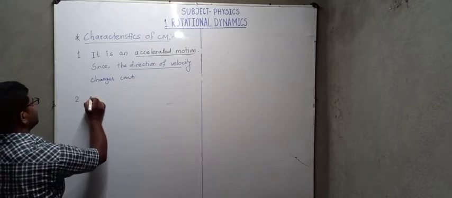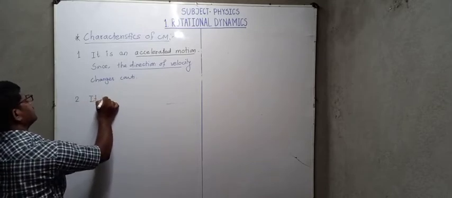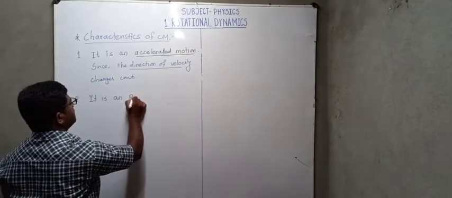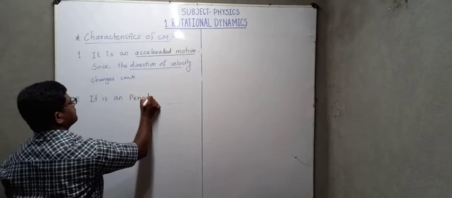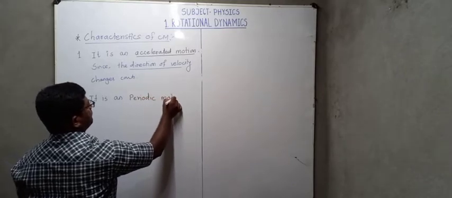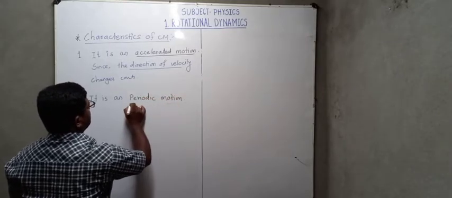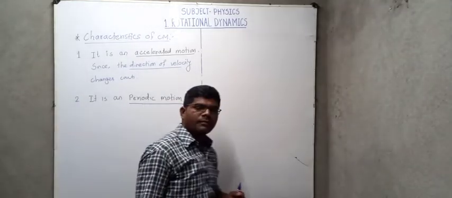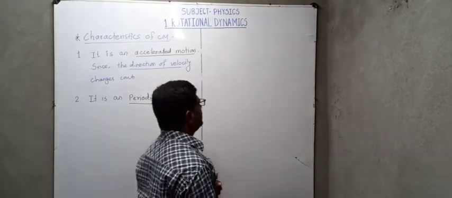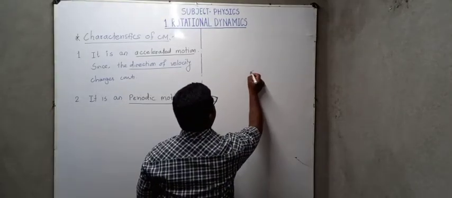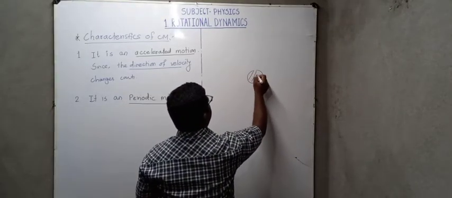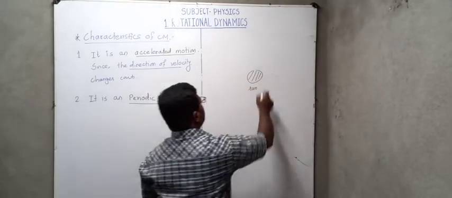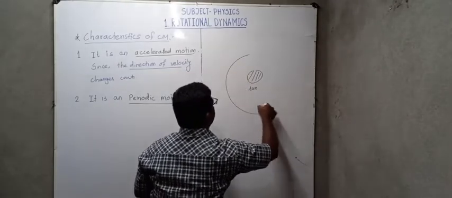And the second one, circular motion is a periodic motion. We know periodic motion. For example, now suppose this is the sun, and around it the Earth rotates.